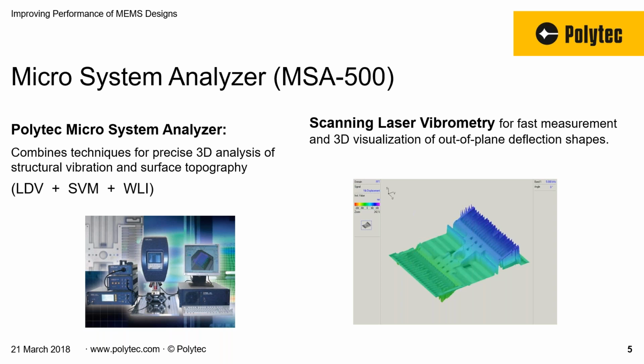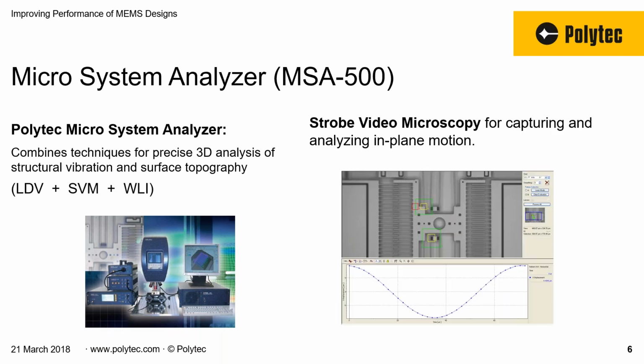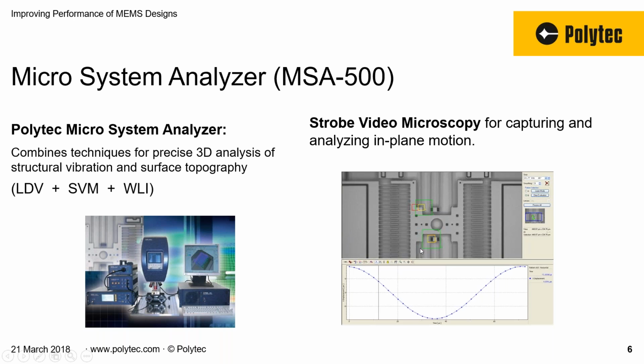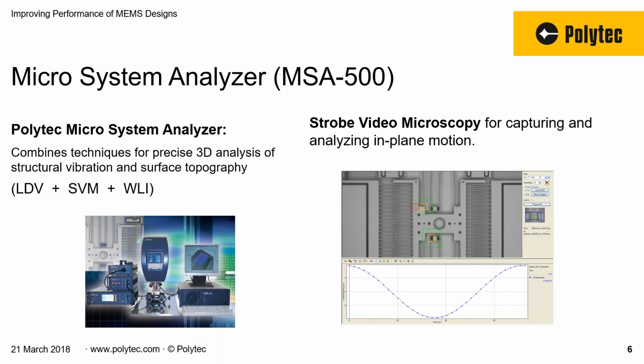Our MSA 500 has laser Doppler vibrometry, which I'll be talking about, scanning vibrometry, stroboscopic measurements for in-plane measurements, and also white light interferometry for static shape measurement, all combined into one tool. For in-plane motion, we can measure using strobe techniques.